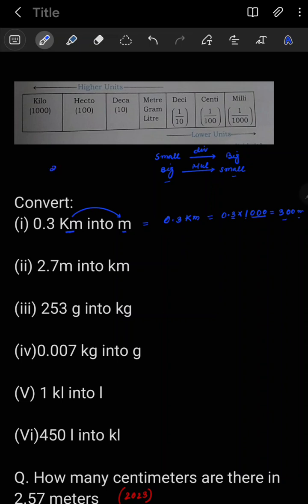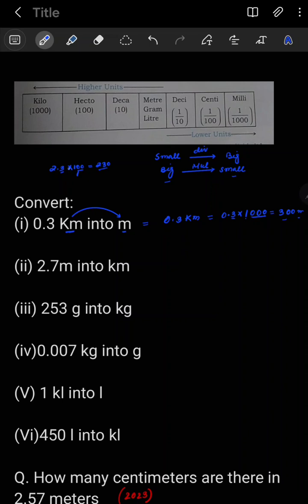Suppose 2.3 is given and you have to multiply with 100. In 100 how many zeros? There are 2 zeros, and after the point there is only one house, that is 3. So your point will sweep how many houses? You write 2 3, then 3 is one house, so one 0 cancels, one more 0 is left, so you have to add one more 0 here. Like that you have to convert.